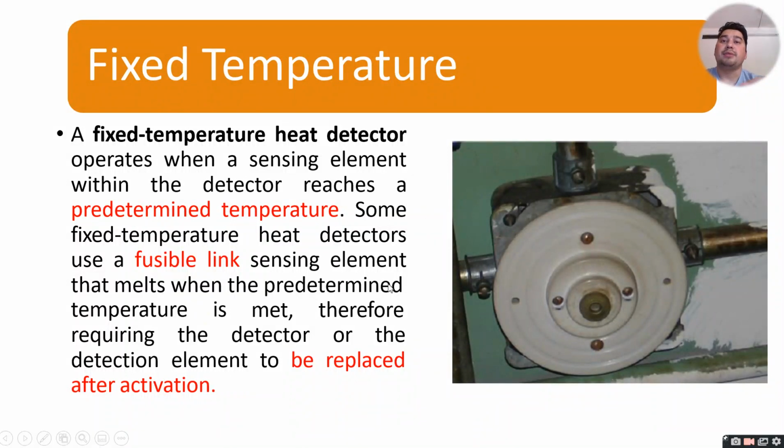So if you have set the temperature of any area or location, 70 degrees, 80 degrees, 90 degrees or 120 Fahrenheit, whatever temperature you have set, whenever that area temperature reaches that predetermined temperature, this heat detector will activate. And once it is activated, you have to replace it after activation. So that is a fixed temperature heat detector.